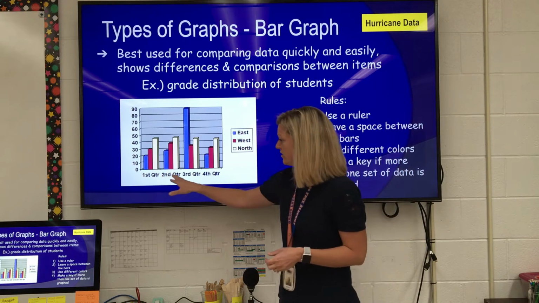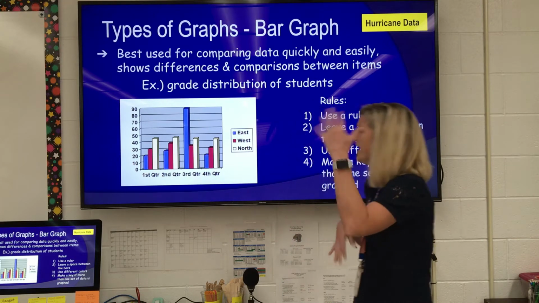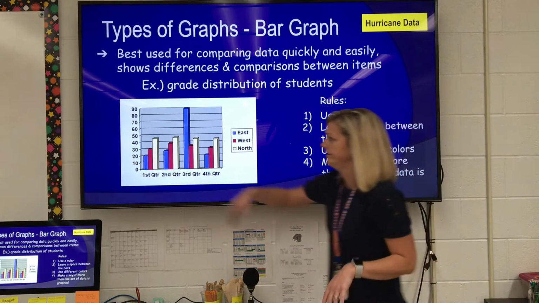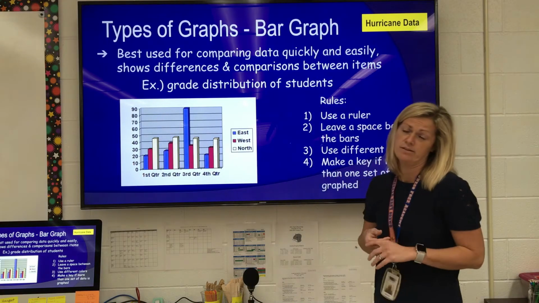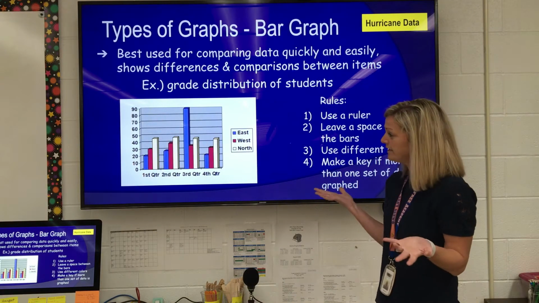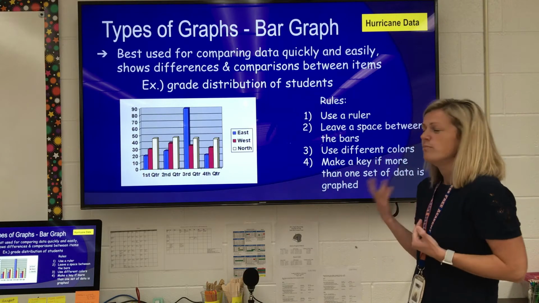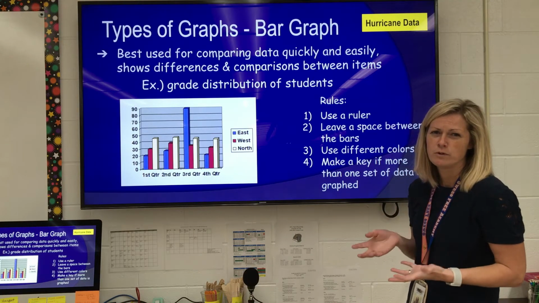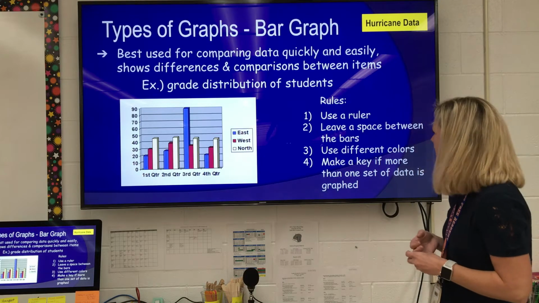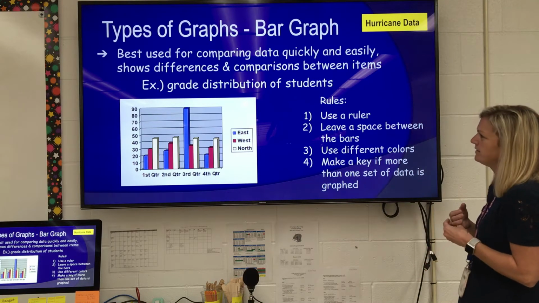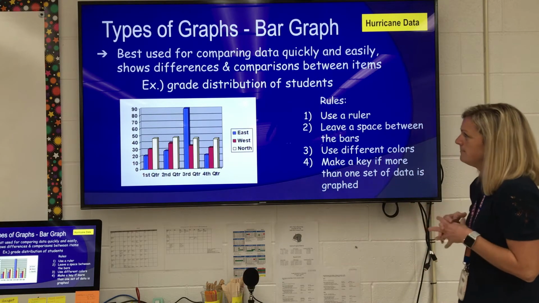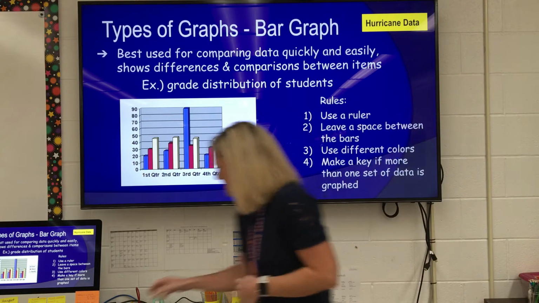This is first quarter, second quarter, third quarter, fourth quarter, and you're looking at some sort of number set, okay? We don't have our variables labeled here on the y-axis, but we know that we're comparing 3 different things in 4 different units of time, okay? So a bar graph is going to help us just get a quick visual of those types of things.